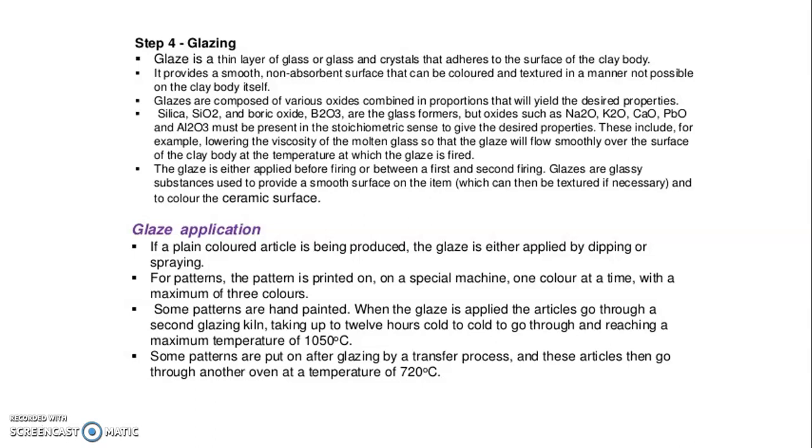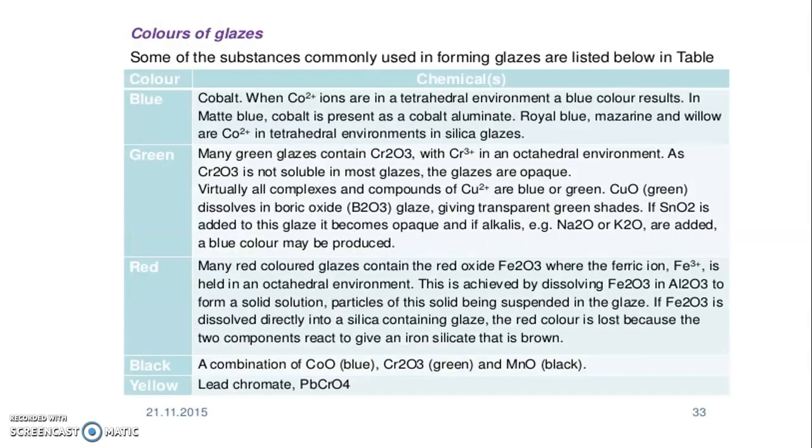When glaze is applied, the articles go through the second glazing firing, taking up to 12 hours cold to cold and reaching a maximum temperature of 1050 degrees Celsius. Some patterns are put on after glazing by a transfer process, and these articles then go through another oven at a temperature of 720 degrees Celsius. So these are the glaze applications.